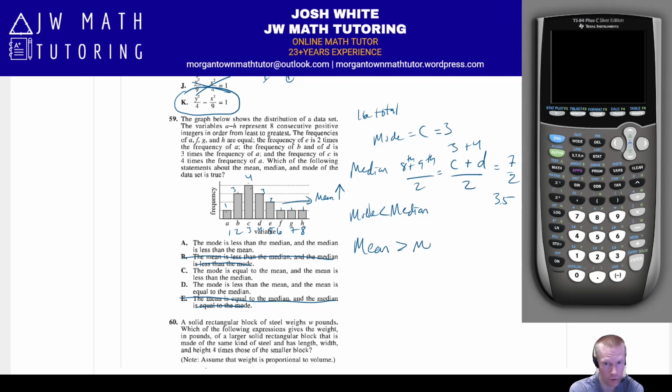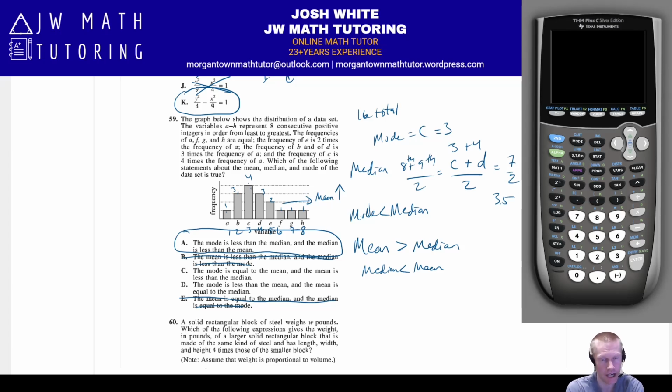So the mean is going to be higher than the median. And again, the reason is because of these three values that are over here to the right. That's the theoretical approach behind this. Therefore, another way to think of this is just the median is less than the mean. So the correct answer for this one is going to be A. Mode less than median, median less than mean.